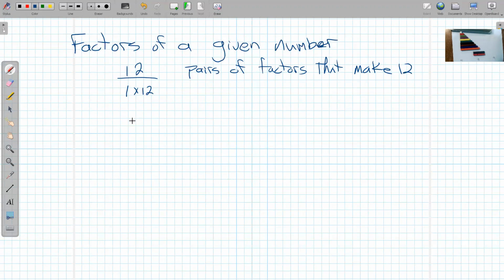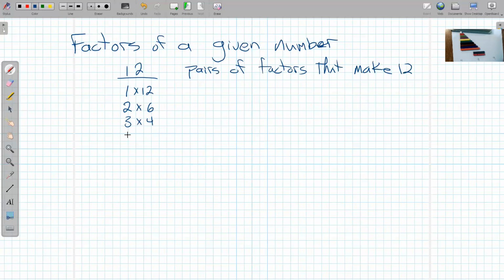What's the next obvious way to make 12 by multiplying a pair of numbers, a pair of factors? Two and 6, yeah. So next, 2 times 6. And then what? 3 and 4. 3 times 4.